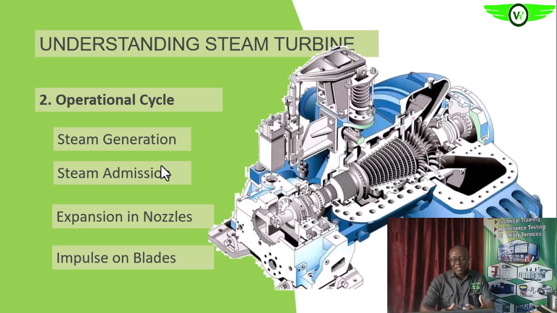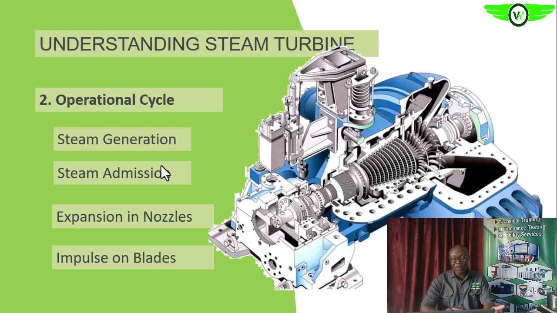Then within the turbine, we will explain this later, we have the impulse blade and the reaction blade. Impulse in the sense that the force of the steam impinging on the blade is what will cause it to rotate. Okay, so we have that, and then we have the reaction blade too. Remember that action and reaction are equal and opposite.